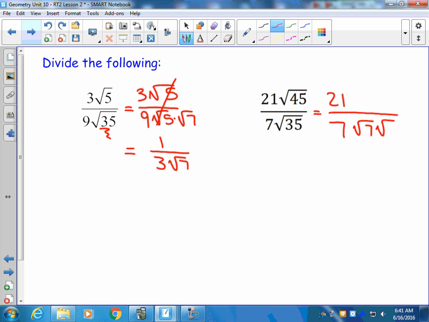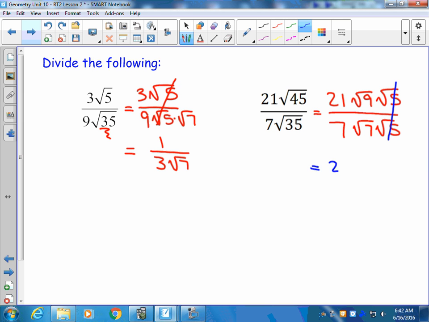Square root of 7, square root of 5. 45 is the square root of 9, so we do have a perfect square there times the square root of 5. But once again, you're trying to find that radical that can reduce for you. Square root of 5's divide to equal 1. Square root of 9 is 3.